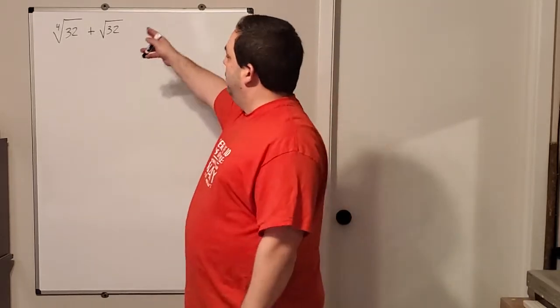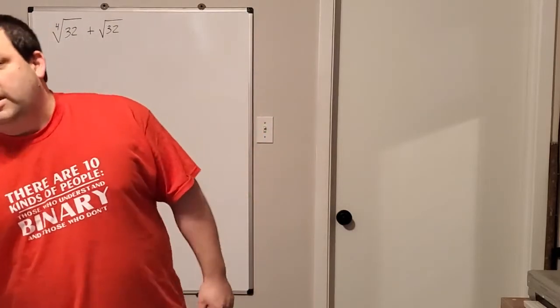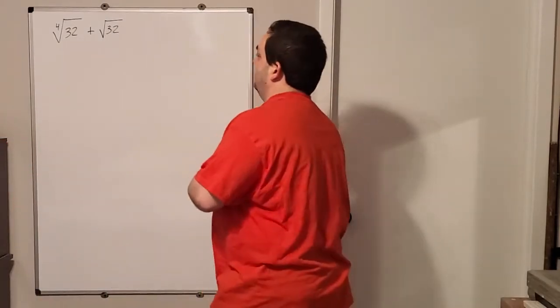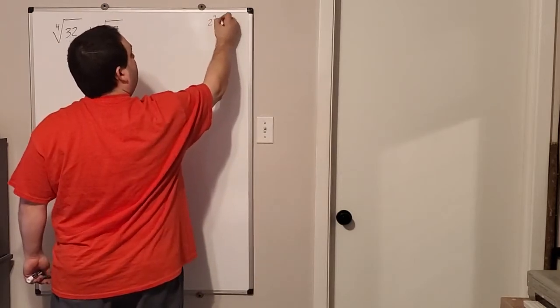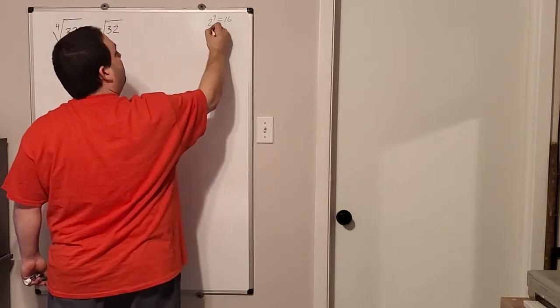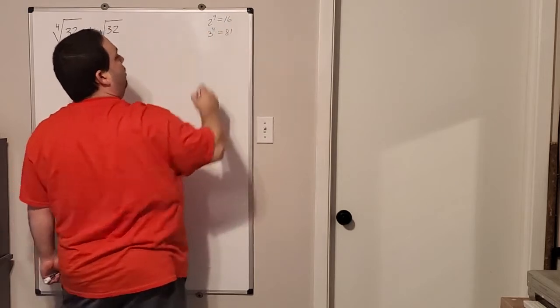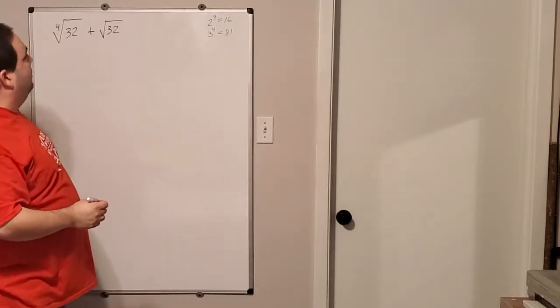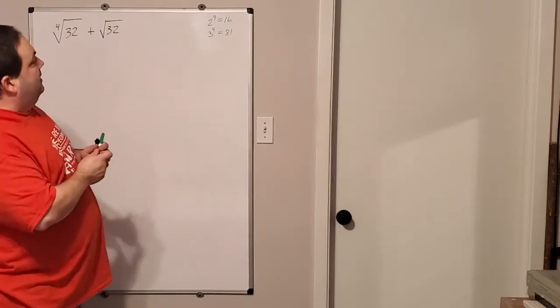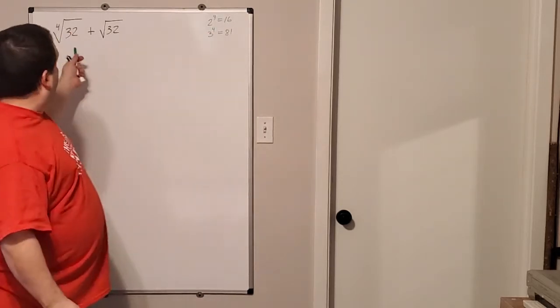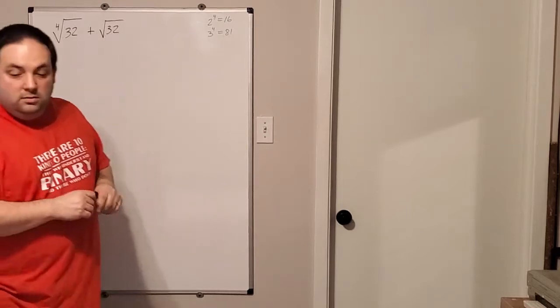I've got a fourth root and a square root, so I'm going to be looking at two different lists. Let's do the fourth power list first. 2 to the fourth is 16. 3 to the fourth is 81. Well, 81 is already bigger than 32, so I've only got one hope, and that is if 16 were to go into 32. Lo and behold, it does.